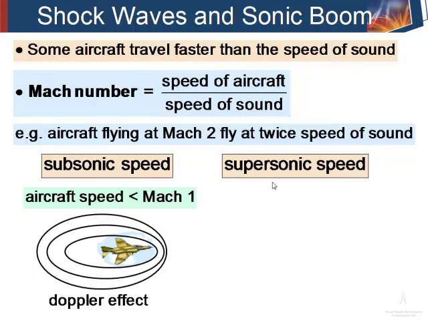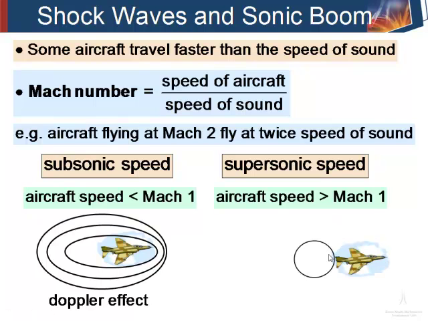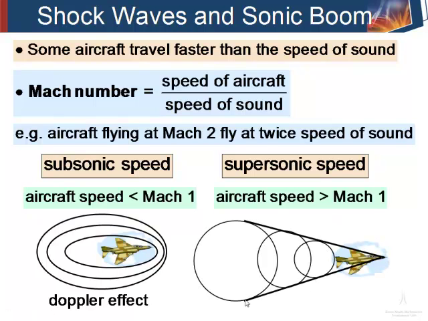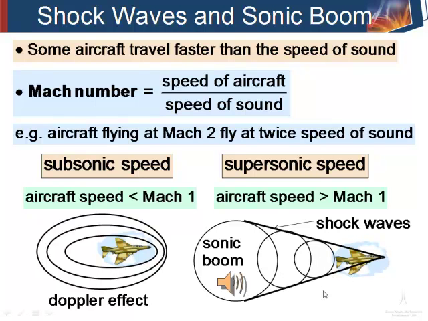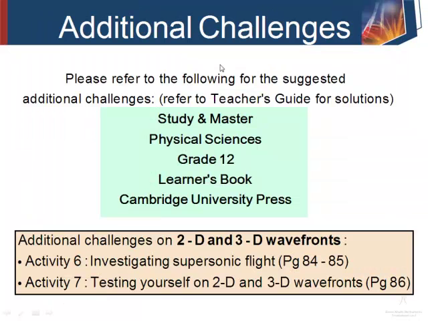In the case of supersonic speed, the aircraft speed is greater than Mach 1, and this happens in what we call shock waves. Basically, this is when the aircraft is moving much faster than the speed of sound. The result is what is called the sonic boom, and as the name implies, you hear a huge sound explosion. We've come to the end of this lesson.